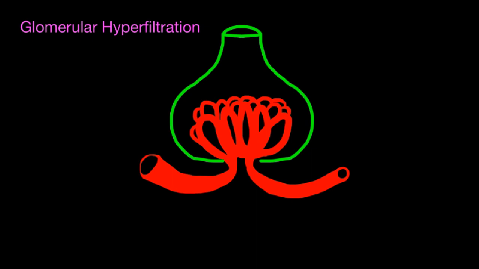What's essentially happening is that there is preferential vasoconstriction of the efferent arteriole, that's the efferent arteriole on this side, with preferential vasodilation of the afferent arteriole on this side. So here's the afferent arteriole, here's the efferent arteriole. With preferential vasodilation of the afferent, you're going to bring in more blood flow right into the glomerulus. And then with efferent vasoconstriction, you're going to essentially increase the pressure here in the glomerulus.